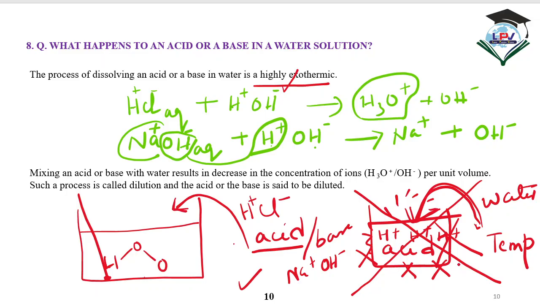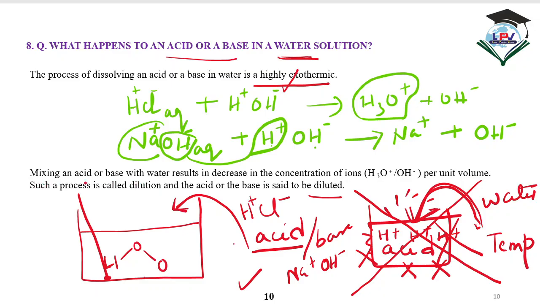Now, I would like to explain to you what is dilution. When you add acid to water, or base to water, the solution becomes diluted. What does it mean?